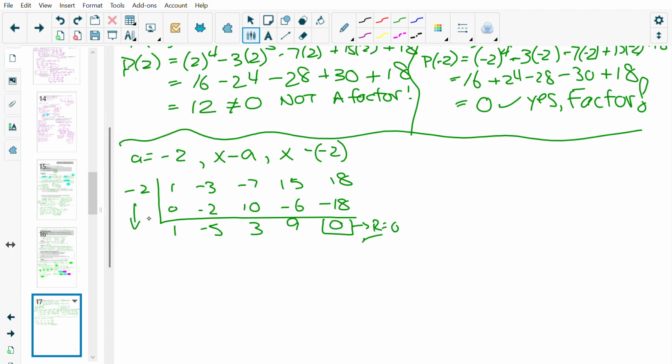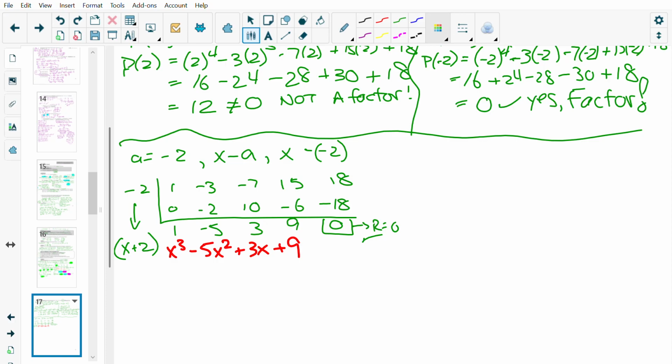So we know that x plus 2 is a factor, but what's left over? We need to fully factor this, right? So that is x cubed minus 5x squared plus 3x plus 9. We need to factor that more.